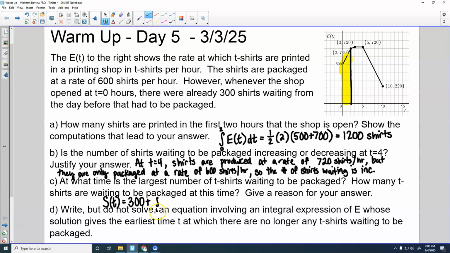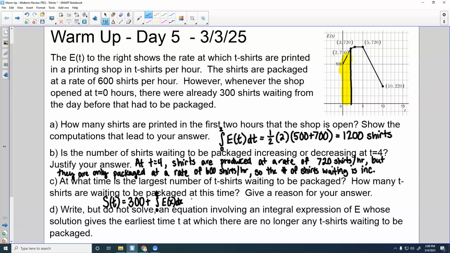So it's going to be the integral from 0 to t of E of, I'm going to put an x right here. You can't use the same variable here as you do here. It could be any letter besides t. Okay, so those are the shirts that we started with and the shirts that are being printed. But what else do we have to consider?